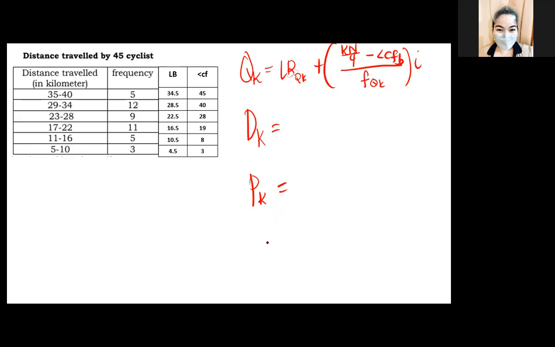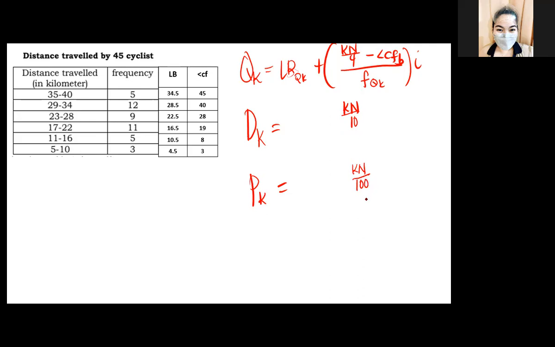Ano lang ang pinagkaiba? Of course, sa locator magkakaiba. Instead of divided by 4, pag decile, magiging k times n divided by 10 siya. Kay P sub k, syempre hindi na divided by 4 or 10. That's k times n divided by 100.